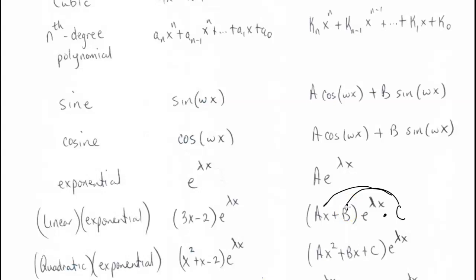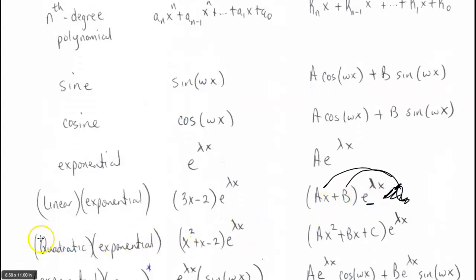So there's no point in doing that, because we're still just going to have the form of some constant times x plus another constant, all in parentheses, times e raised to the lambda x. So really no need to have a separate constant for the exponential part.